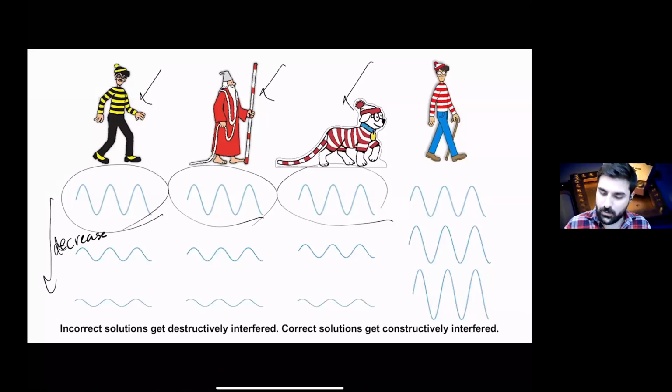Whereas for Waldo, we want the probability amplitudes to increase as we apply more and more iterations. And again, the takeaway message here is that incorrect solutions get destructively interfered, and correct solutions experience constructive interference.